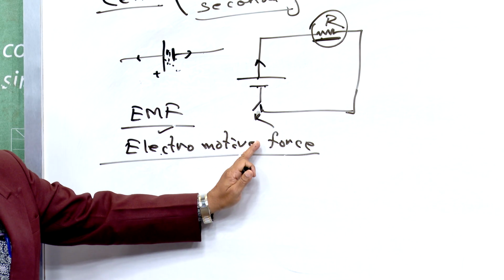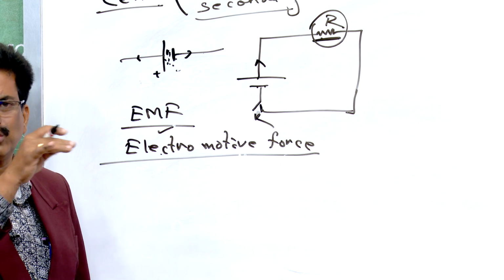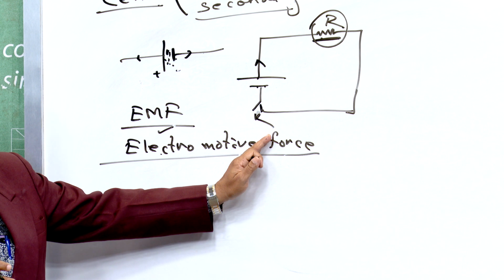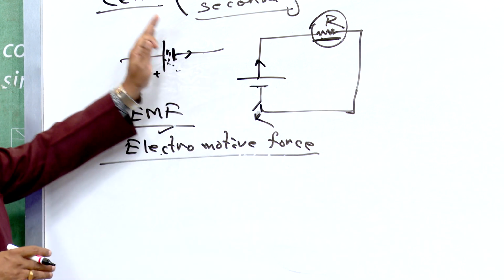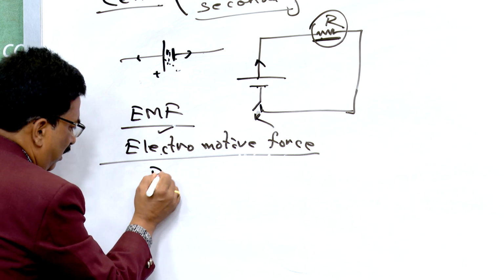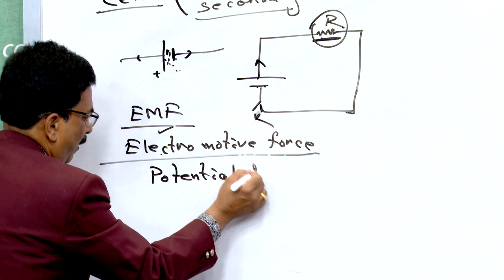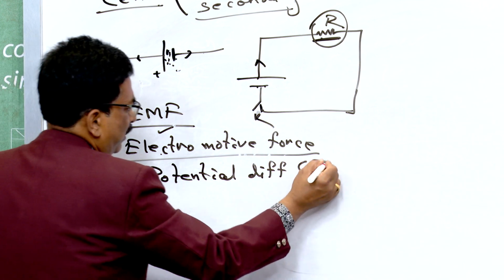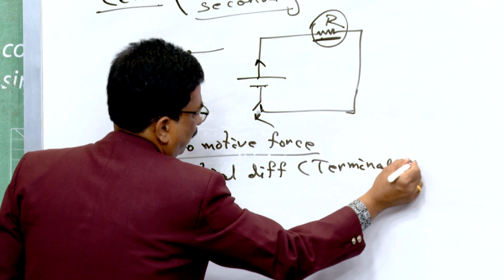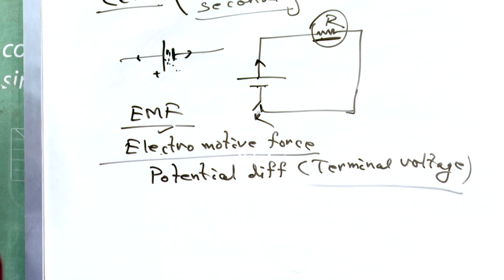It is that agency which helps to move the electrons through the circuit, and that is known as the EMF. And this cell, when it is in the closed position, will produce the potential difference, which is also known as the terminal voltage.